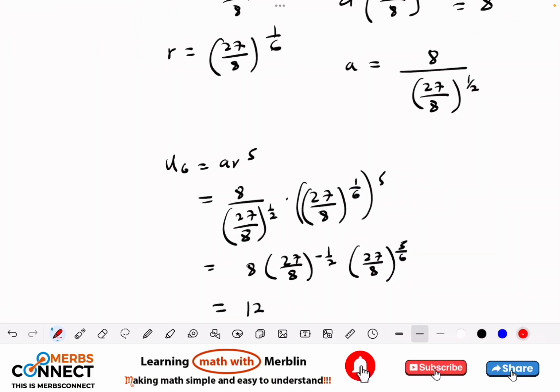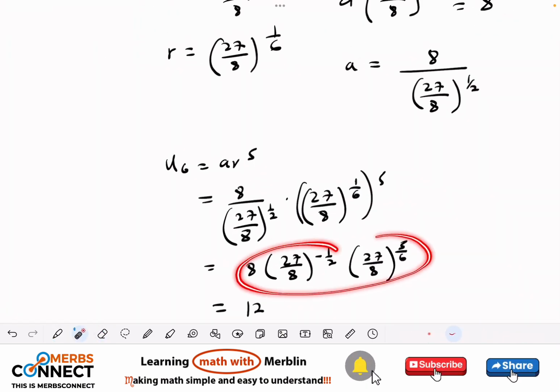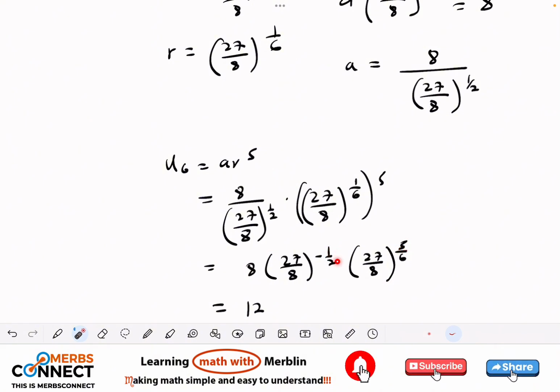So you can punch this one in the calculator, or you can use indices to add this and this. Yeah, so this will be 6 and this one will be 3. So when I'm doing the top, I'm going to have like 1 over 3. So this one will be 8 times 27 over 8 to the power 1 over 3.